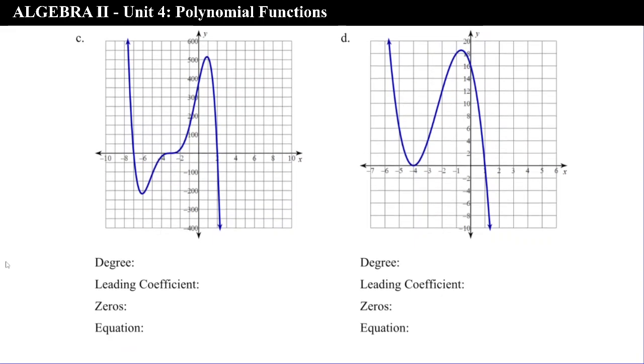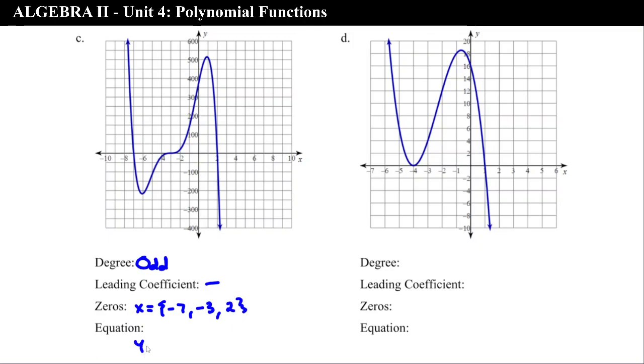So for C, we have a degree that is odd because it's generally moving in one direction. Our arrows are going in opposing directions. Our leading coefficient in this case is going to be negative because we're generally decreasing. Our zeros are located at -7, -3, and 2.